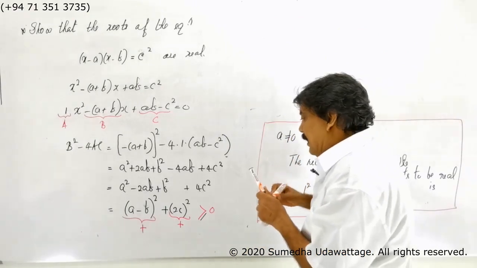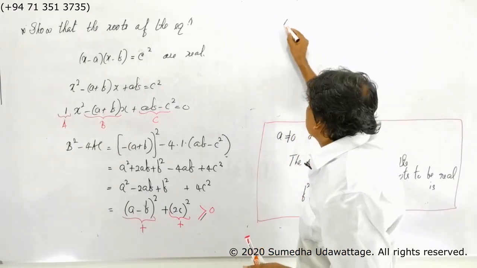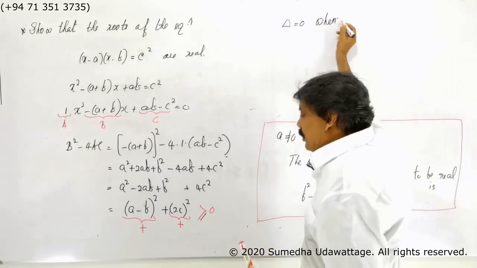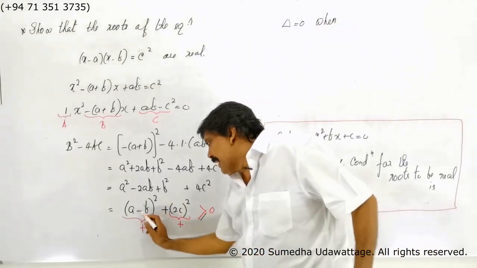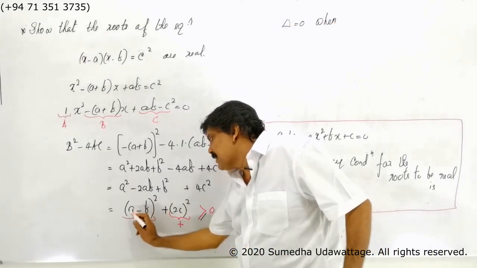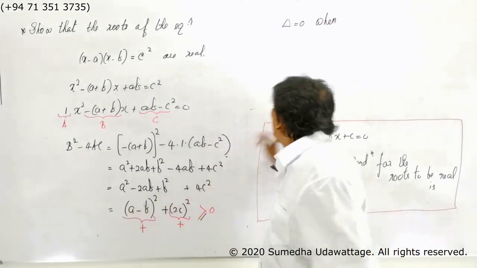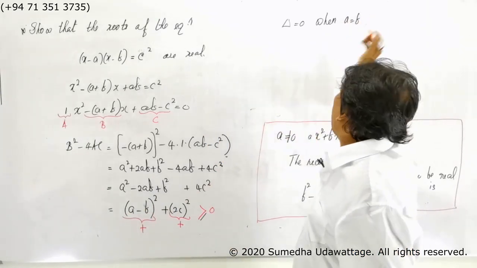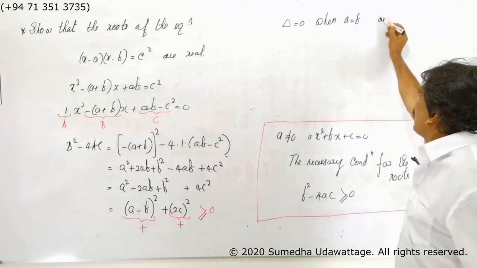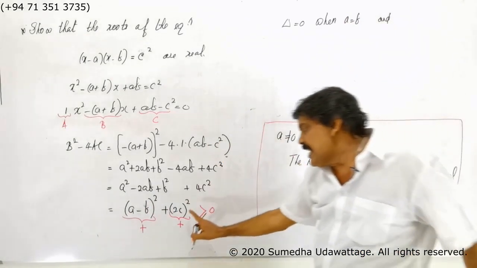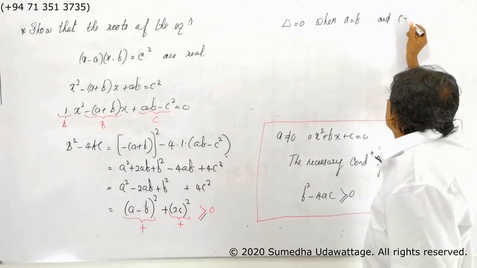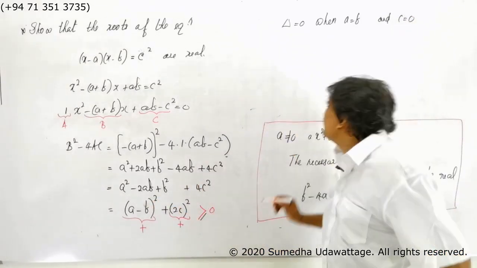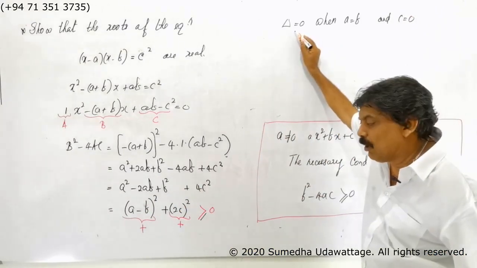We would say delta is equal to 0 when, look here, A becomes equal to B, or as B becomes equal to A, then this would be 0. A minus B is 0. And if this C is 0, then this is 0, this is 0, the total is 0, then delta is equal to 0.